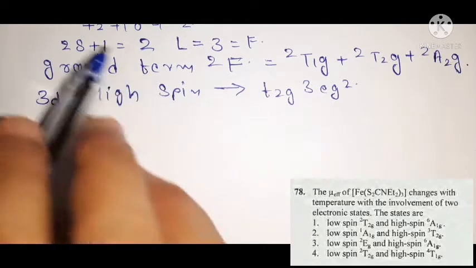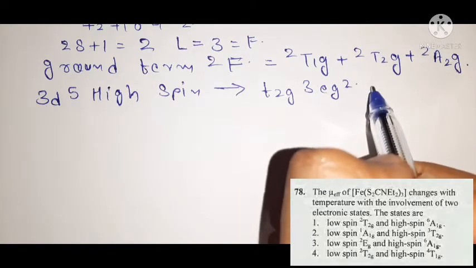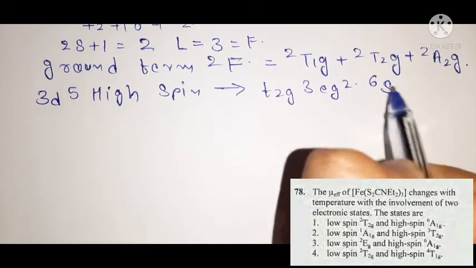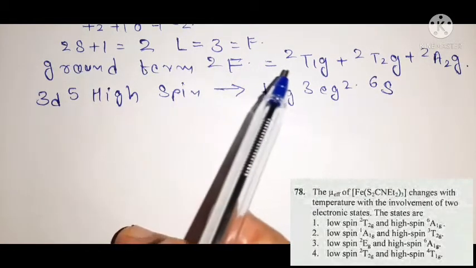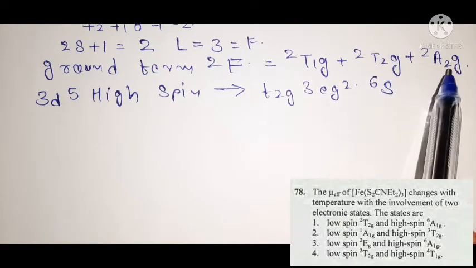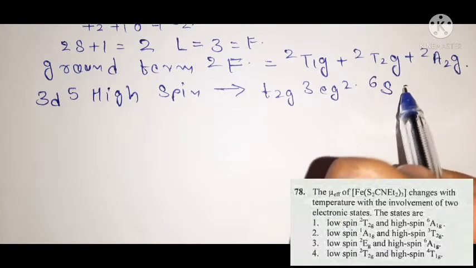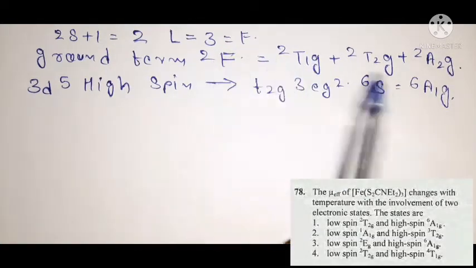So similarly, we find the ground term for this electronic configuration, and for this electronic configuration, the ground term we get is 6S, and S is singly degenerate. Okay, the F term will be triply degenerate in 2T1g, 2T2g and 2A2g, but this S is singly degenerate, which is 6A1g. Okay, so it will be triply degenerate, it will be singly degenerate.